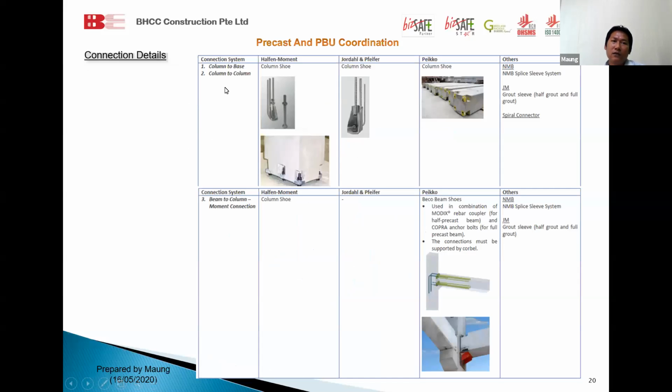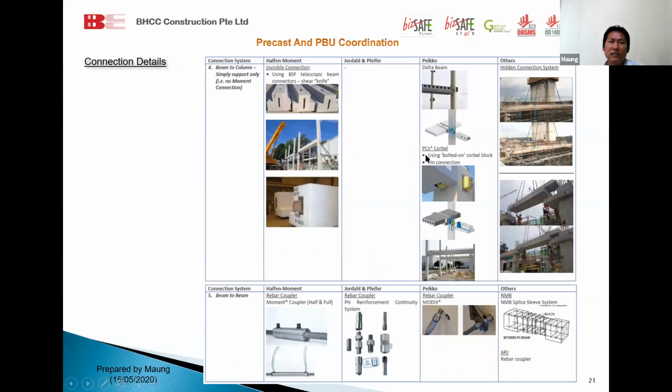So either column to base or column to column, we basically use the NMB sleeve or the GM sleeve, but in Singapore mostly we use the NMB sleeve. The same thing for the pin and column connection: either we use the column cover or the sleeve or the reset. So these are the standard connection details.